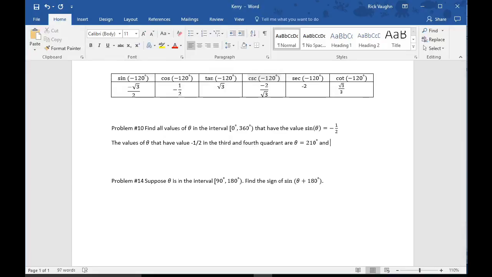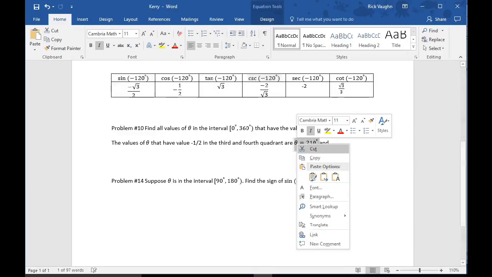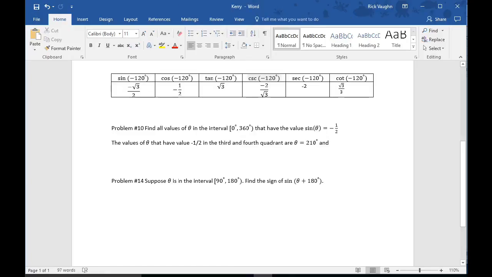And then we're going to go all the way over to just short of 360, actually. So 30 degrees back from 360, which is 330.